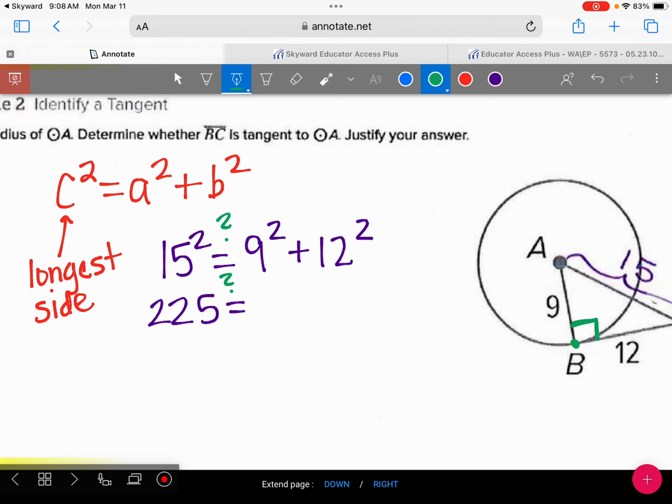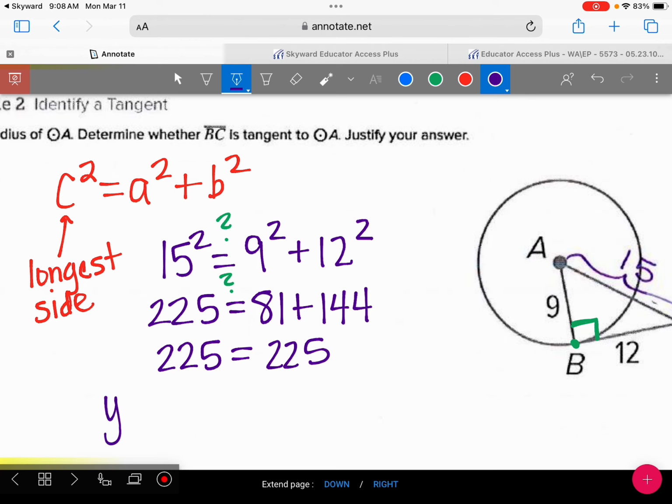So what is 9 squared? 81. And what's 12 squared? All right, so go ahead and add 81 plus 144 and see if you get 225. Did you get 225? Yes. So that means yes, and then we would say segment BC is tangent.